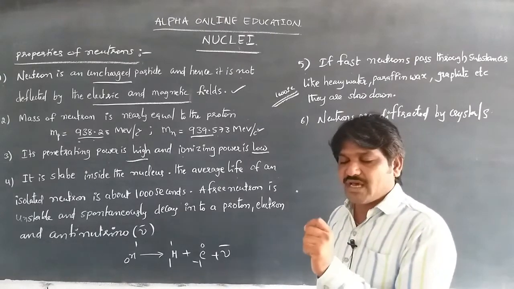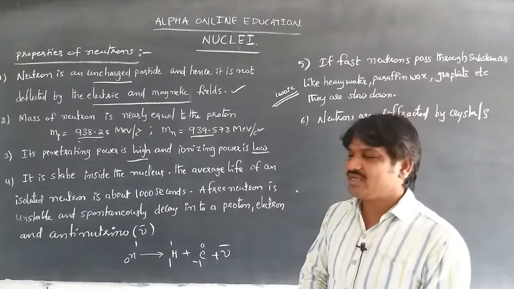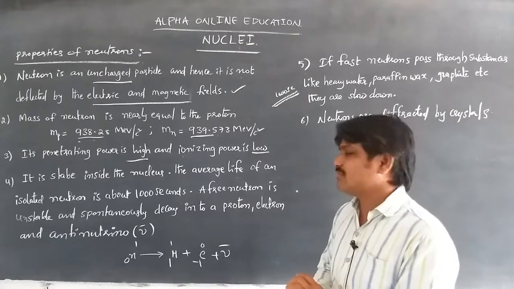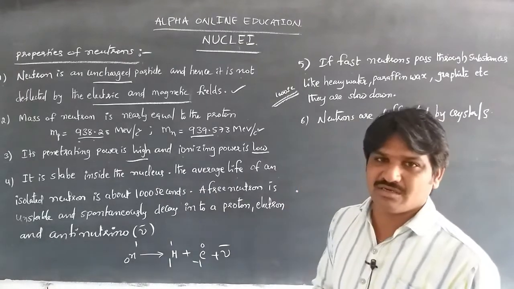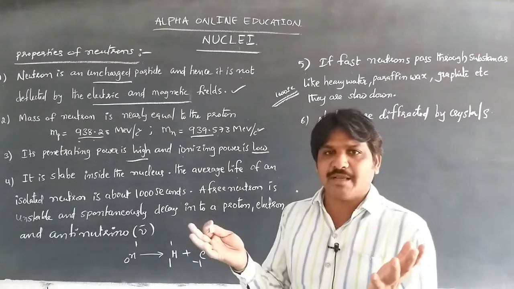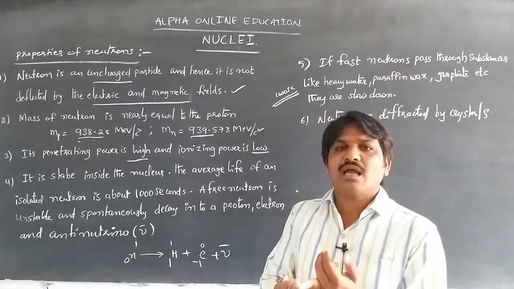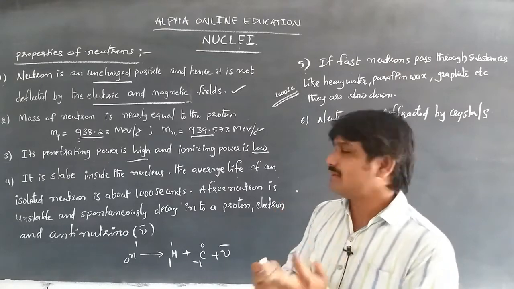A free neutron is unstable. Whenever it is free, it will spontaneously decay into a proton, an electron and an anti-neutrino.